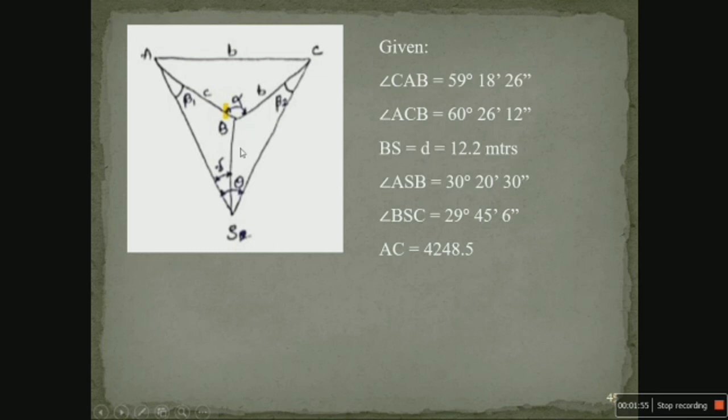Similarly, for calculation of beta 2, the sides of these triangles are required. But in this problem, they have given only one side, that is AC. So if you apply the sine rule for the triangle ABS, this is the formula.